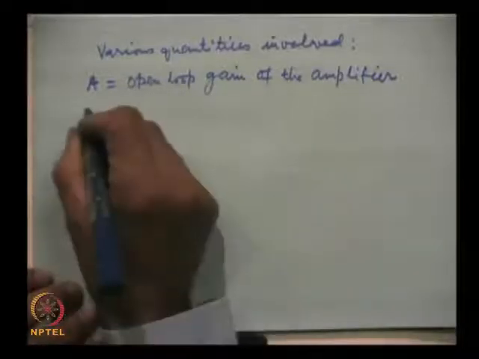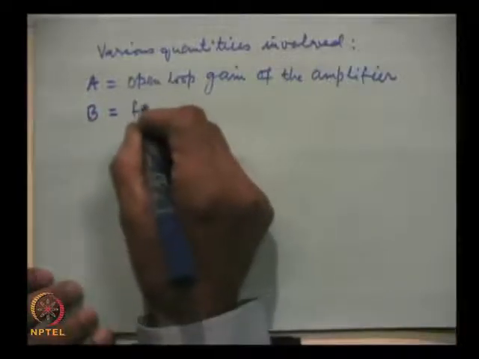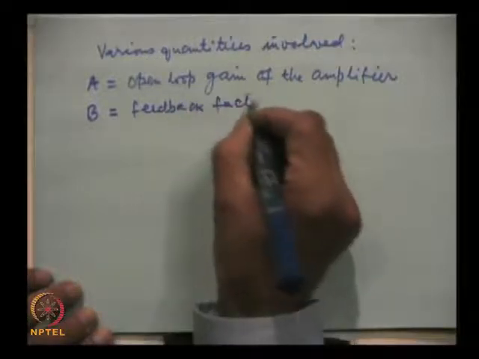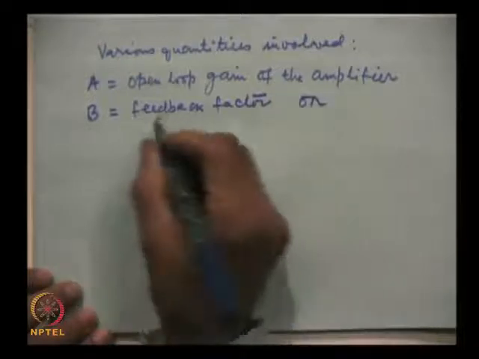And B is the feedback factor, or gain of the feedback circuit.